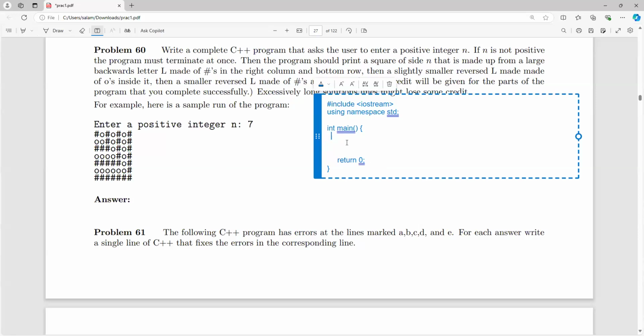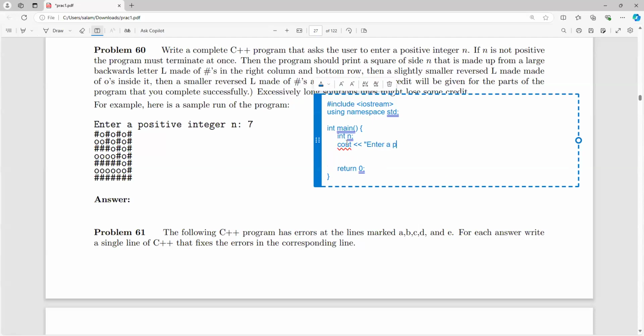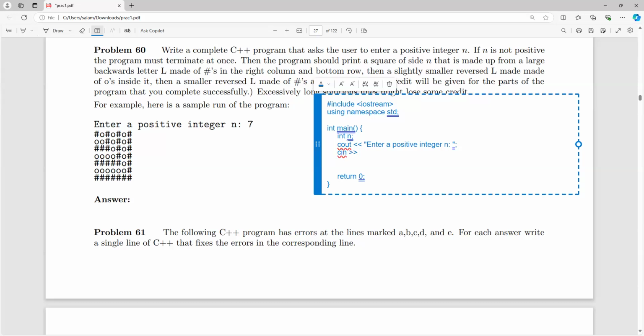So let's do this. Let's get the easy stuff over with at once. So int n. Let's do cout: enter a positive integer n. Then cin n. And what do we say?